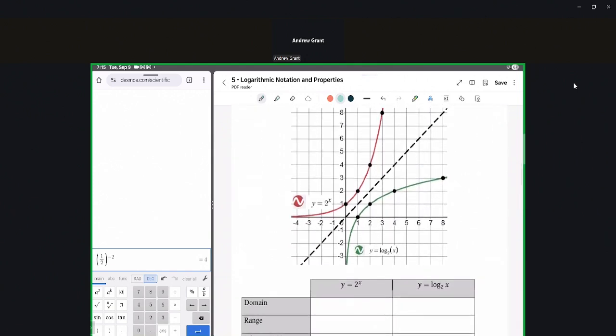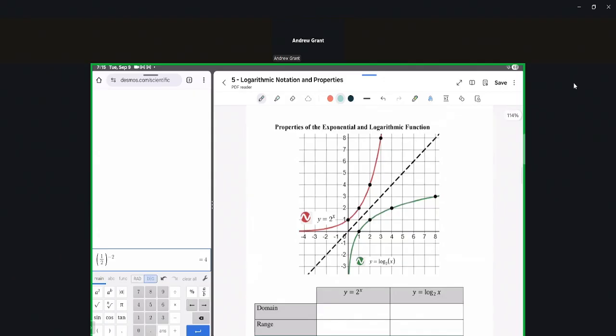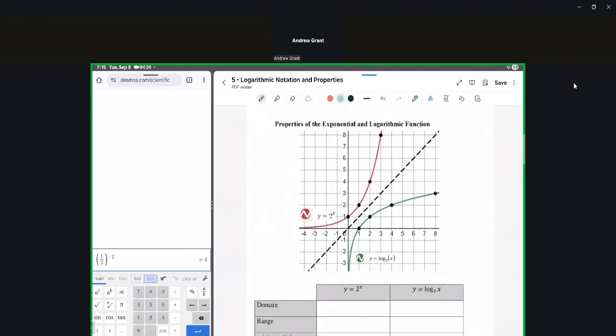And so before we get into some examples of this, this is the section where I want to talk about properties. Instead of talking about in generalities what this looks like, I chose a specific example for us. I'm going to use y is equal to 2 to the power of x, which is going to be this red curve here.